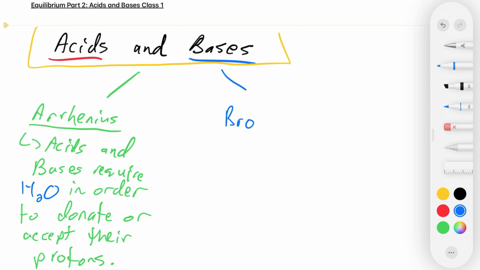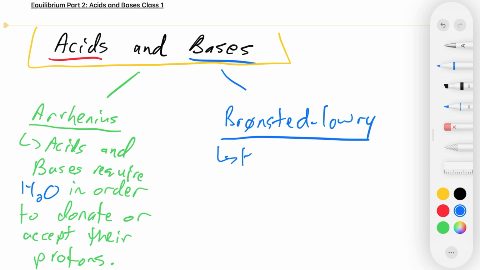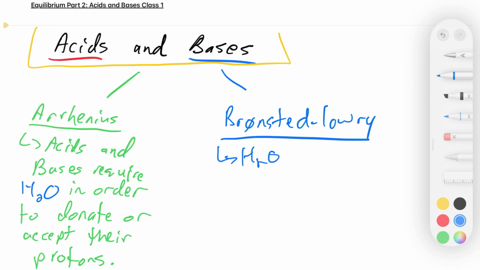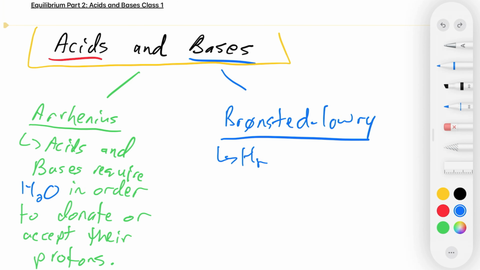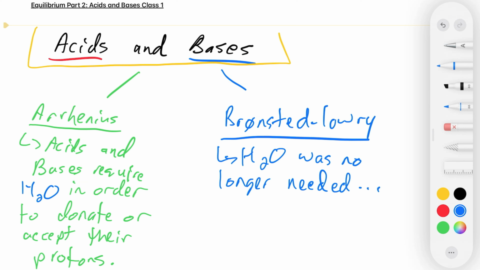And then you had what we call Bronsted-Lowry's acids and bases. So Bronsted and Lowry, two scientists that came together for this combined idea. And this was that H2O was no longer needed. And here, this gave rise to polyprotic.